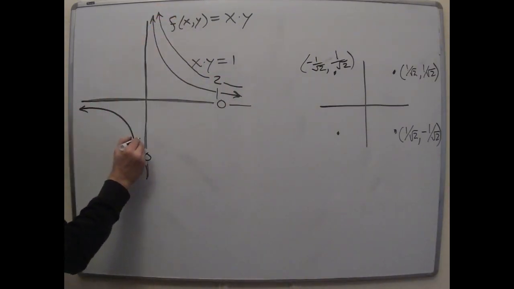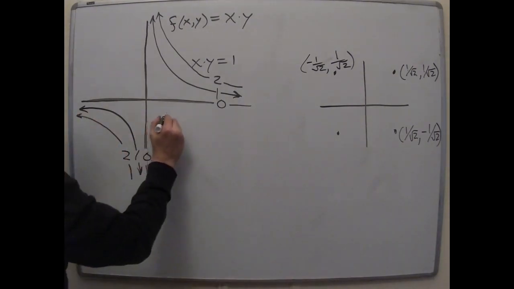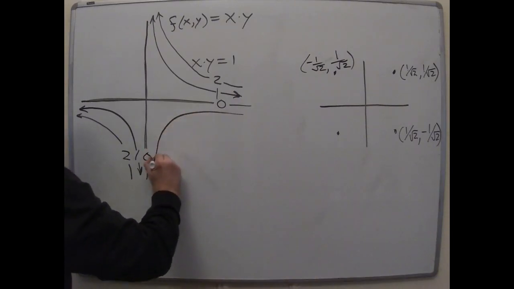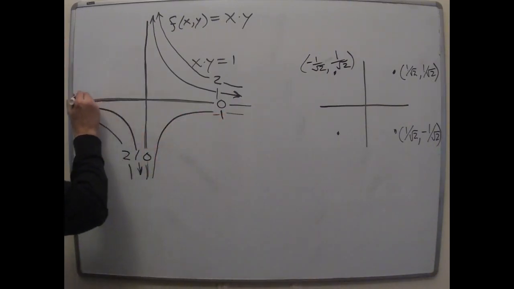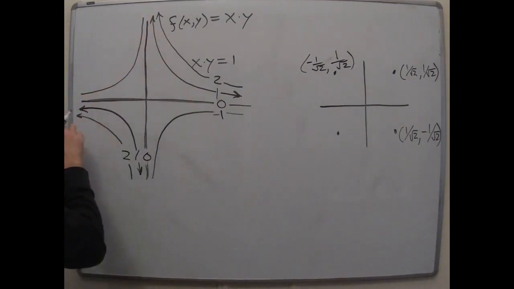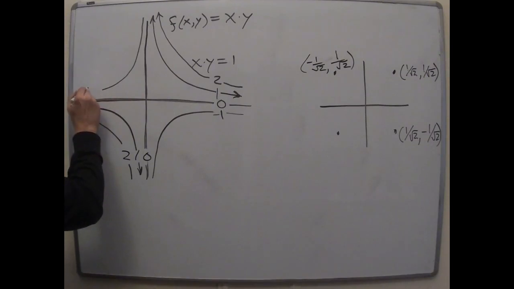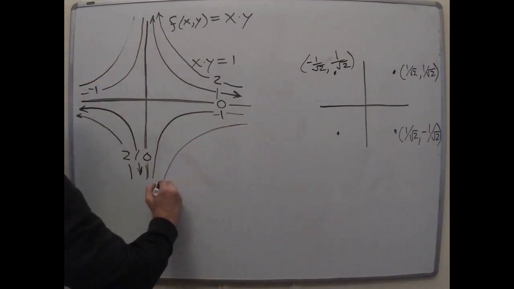Or in, shoot, here somewhere. Negative levels would be like that. And that. Not sure where to write the level on that one. -1 here. -2 farther out. You get the idea now.